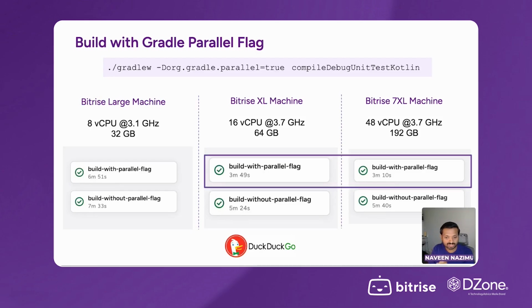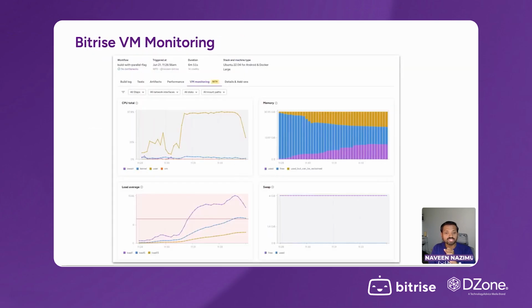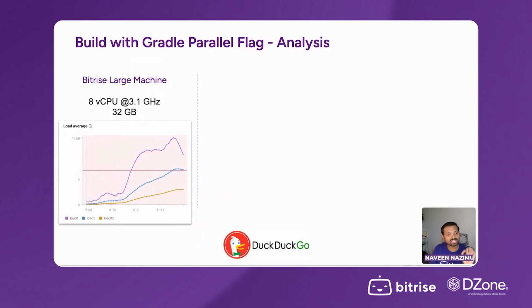So I thought, let's drill down. Bitrise has a VM monitoring tab, so we can see the virtual machine's performance. I wanted to zoom in on the load average graph, on the left side at the bottom here. For each of those runs, I looked at the load average.